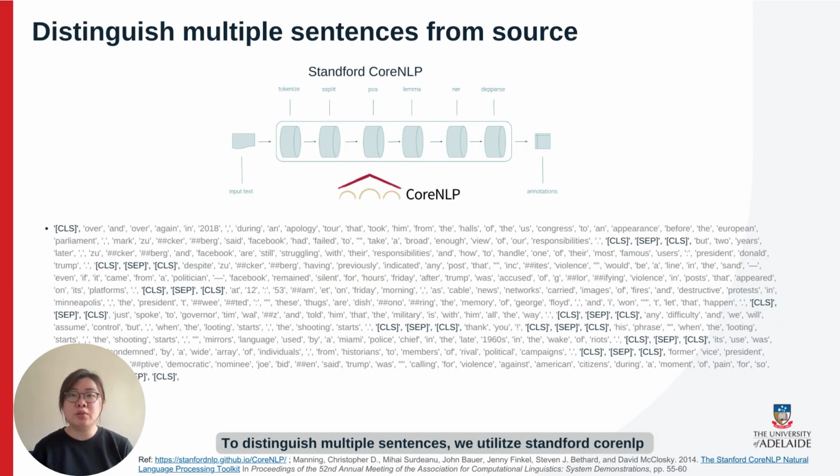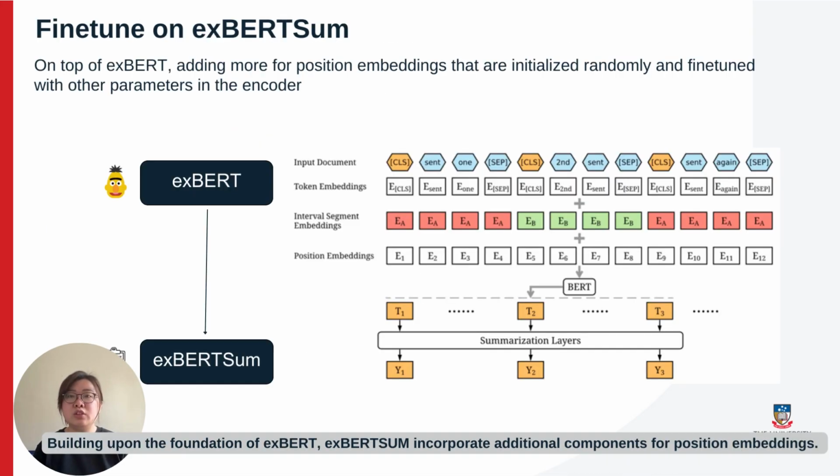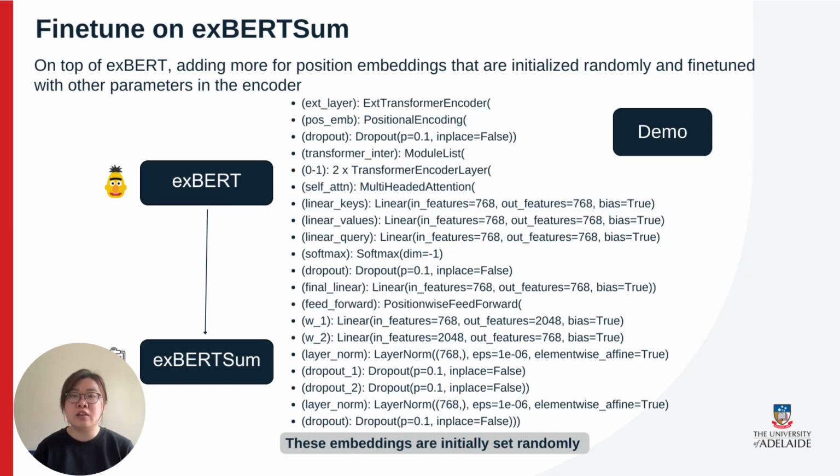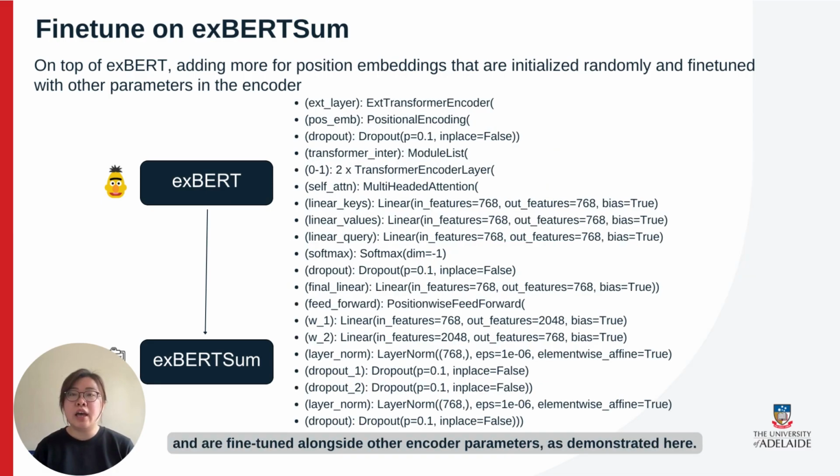To distinguish multiple sentences, we utilize Stanford CoreNLP to enhance the model's comprehension of sentence structure. Building upon the foundation, XBERTSum incorporates additional components for positional embeddings. These embeddings are initially set randomly and fine-tuned alongside other encoder parameters, as demonstrated here.